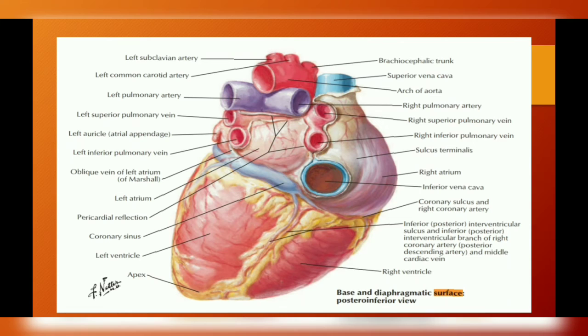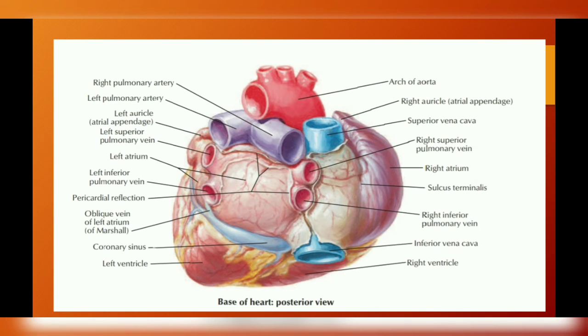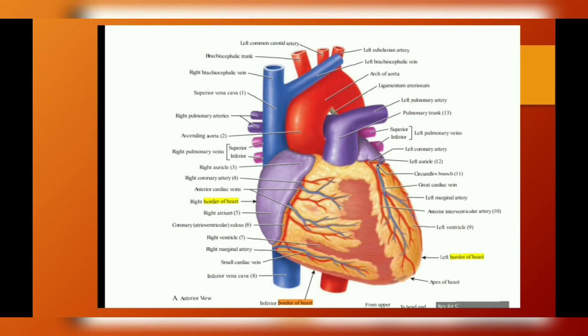Now this is the base and diaphragmatic surface in the posterior view. Now the borders. This is the right border of the heart, this is the inferior border of the heart, this is the left border of the heart.